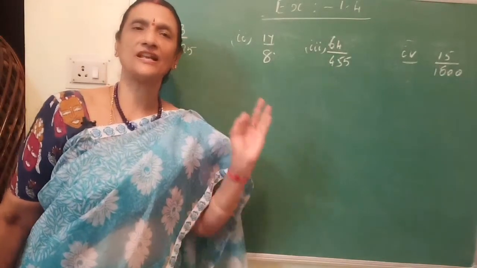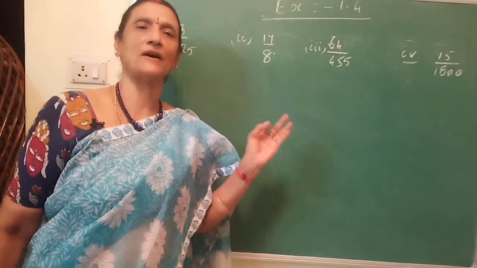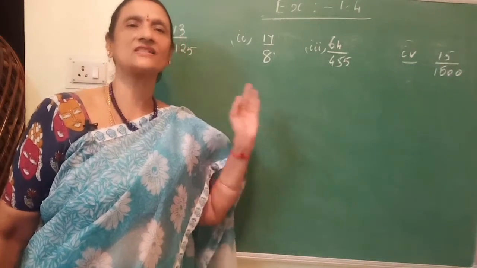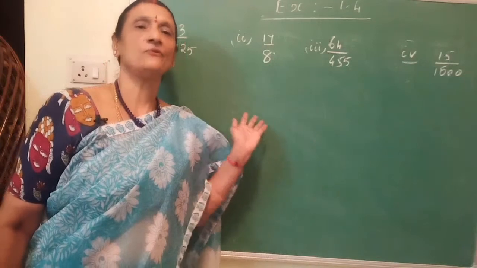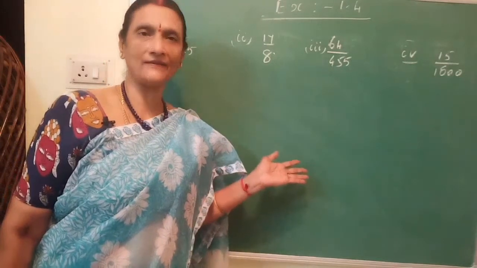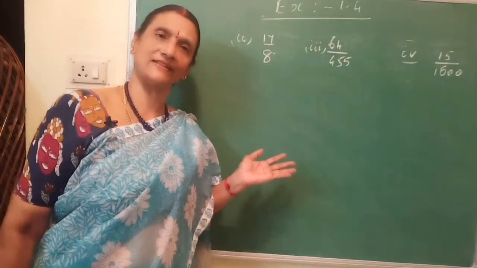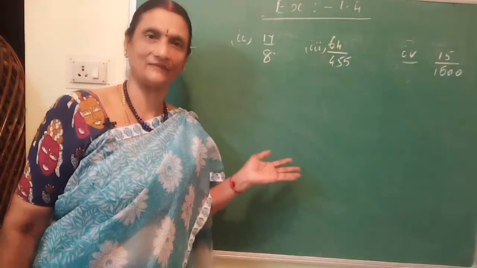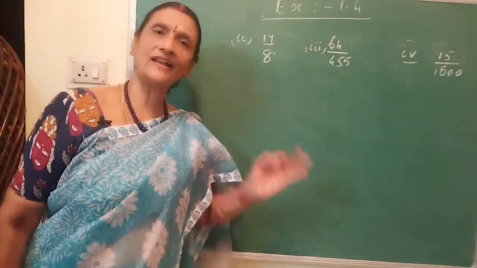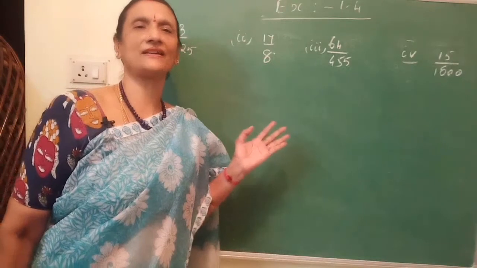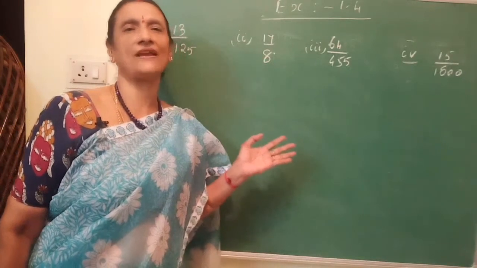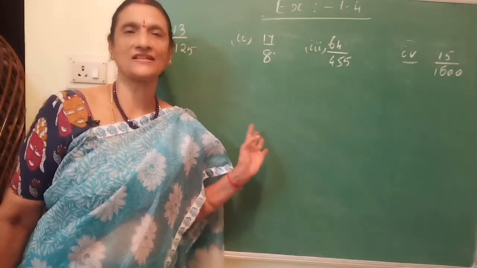If there are only 2s or 5s, or powers of 2 or 5, it is terminating. If apart from 2 and 5 any other prime factor is there, it is non-terminating. Or if there is only a prime factor which is not 2 or 5, it is also non-terminating.